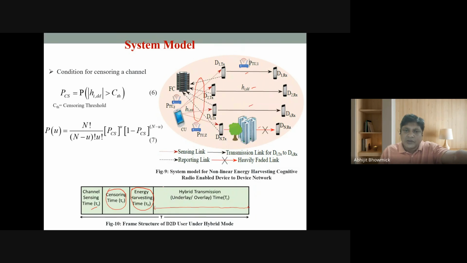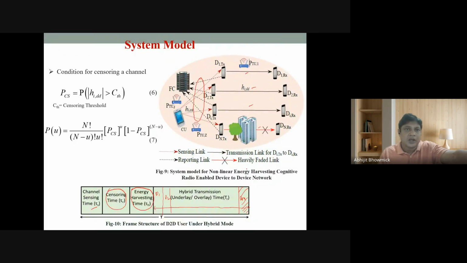If I follow the TDM transmission technique, say in this time D1 will transmit, in this time D2 will transmit, and in this time DN will transmit. Since the link of DN is heavily faded, that information cannot be delivered, or if delivered, the information would be much distorted, so it cannot be recovered. So basically, that transmission is not useful. That means a portion of this time is not utilized properly.